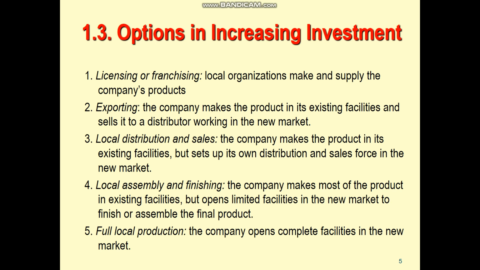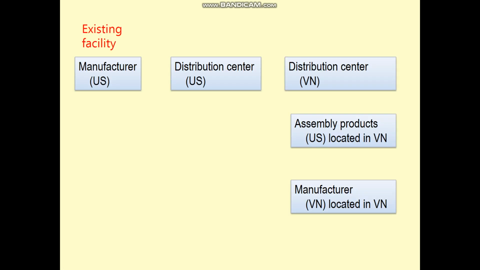The fourth one is local assembly and finishing. And the fifth one is full local production. For detailed definitions of these 5 options, you can read this slide. Now I will give you an example so that you will understand more about those options when they increase the investment and when they have to locate the new facility.